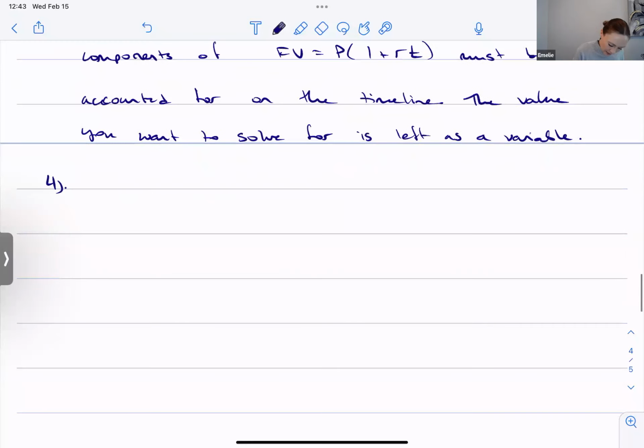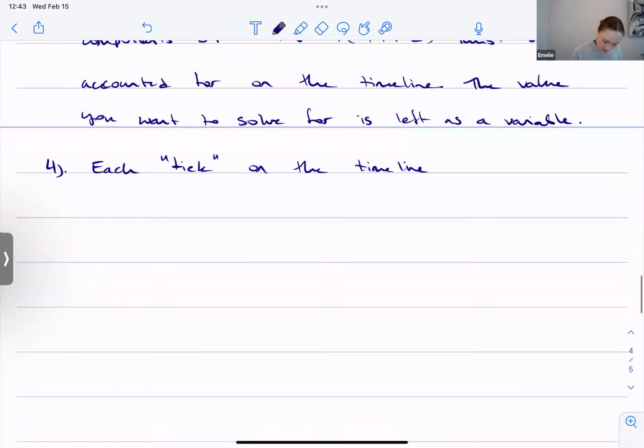But each tick on the timeline represents a date of interest.